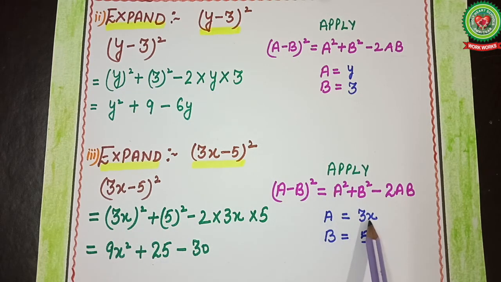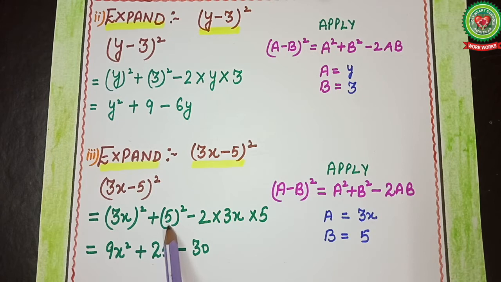A square means 3x square, so you write here 3x square, plus means plus, b square means 5 square, right? Minus remains minus, 2 means 2, ab means a multiply b, 3x multiply by 5. So you will write here minus 2 multiply 3x multiply by 5. Alright. Now here you can see that this is a term 3x. That means you have to multiply 3 two times, and at the same time you have to multiply x two times, right?